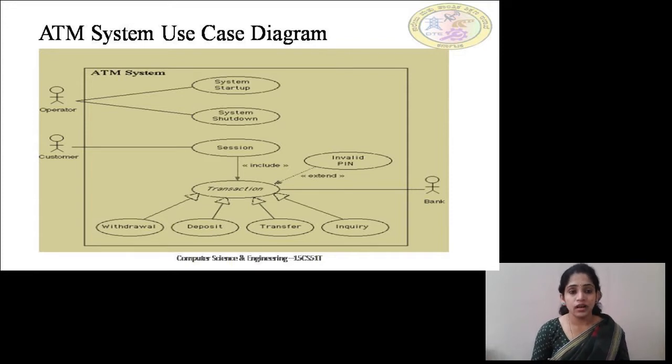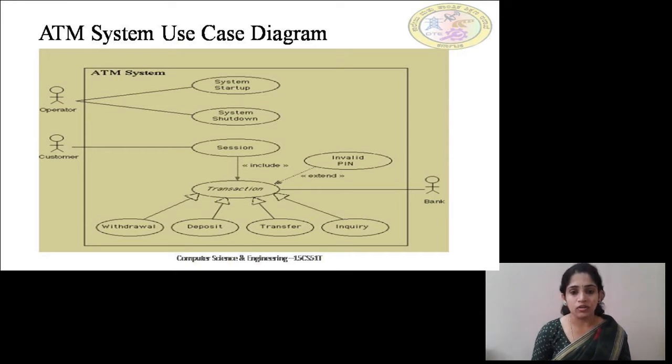Now we'll see, along with these actors, how to define use cases for this application, and also we have to name all the use cases with unique names. First, coming to the operator. The operator performs system startup.